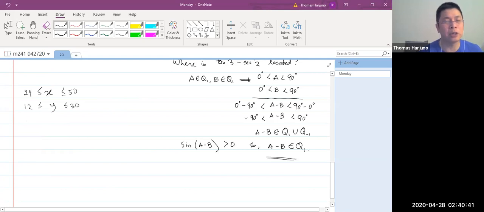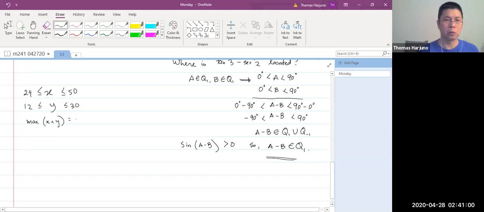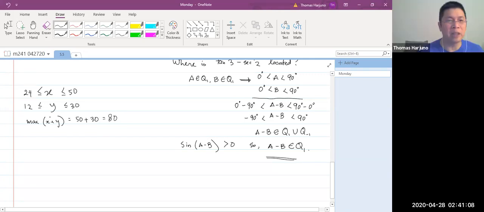Now, my question is, what is the maximum value of x plus y? 50 plus 12? No. 50 plus 30. The maximum of the sum equals the sum of the maximums.